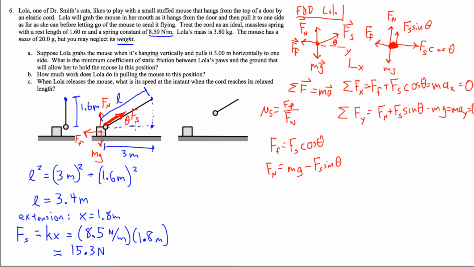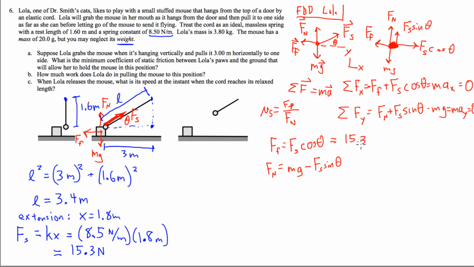You don't need to figure out what it is, because the hypotenuse is 3.4 meters, the horizontal leg is 3 meters, and the vertical leg is 1.6 meters. So the cosine of theta is 3 divided by 3.4. We also know that the spring force is going to be 15.3 newtons.